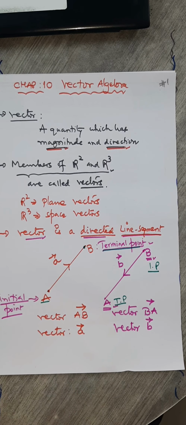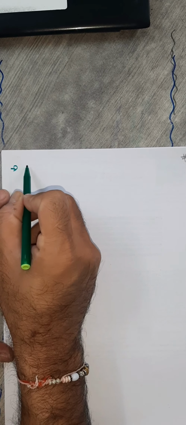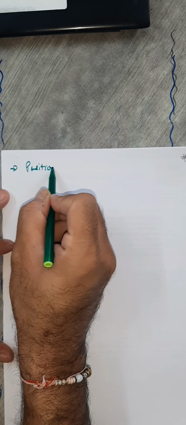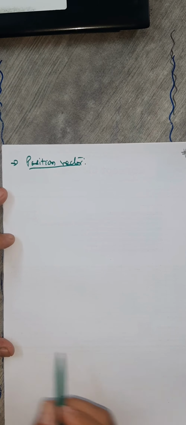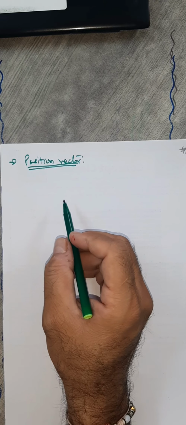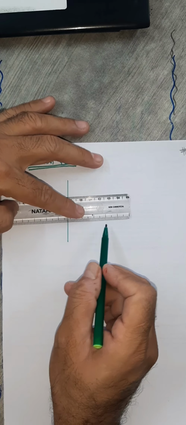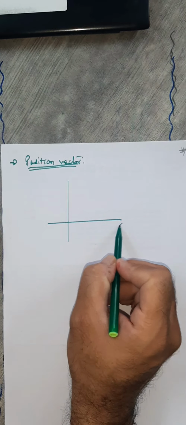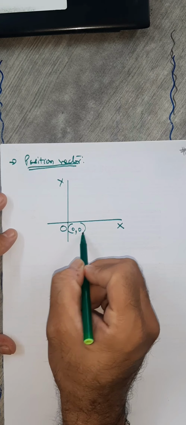Fine. Now over here we define one more concept, the position vector. As I told you earlier, a vector is a point in R2 as well as R3. If I consider only R2, you know x-axis, y-axis, O which is the origin, in R2 it has two components.